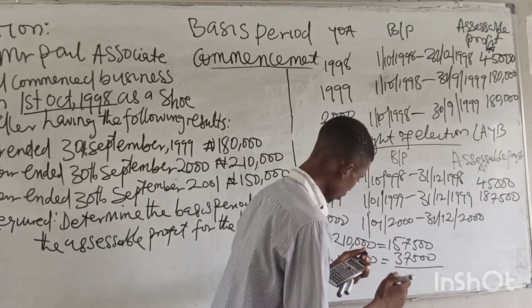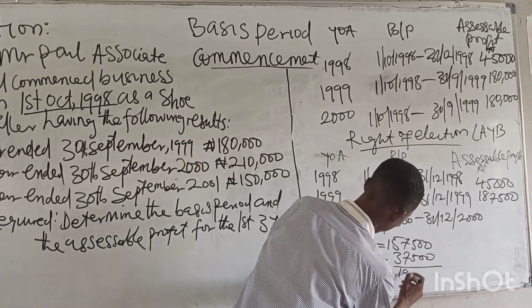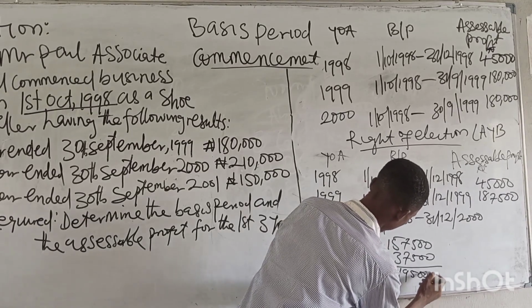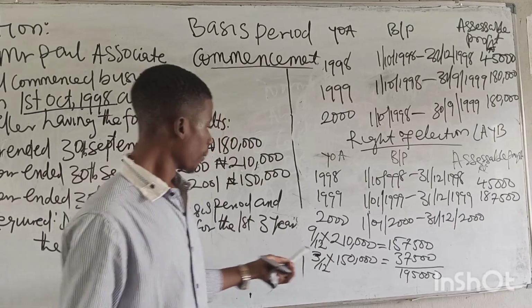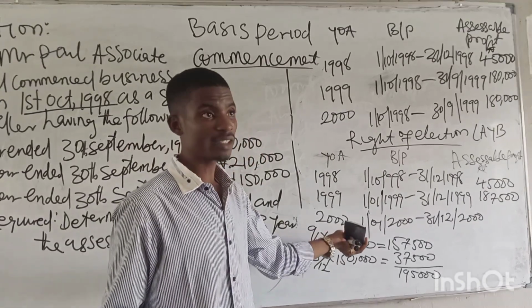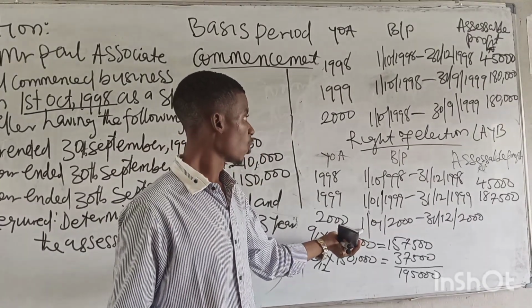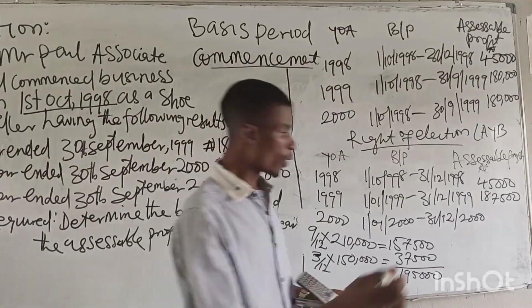We are having the total of 195,000. It means that the assessable profit for the year 2000 under actual year basis or right of election will be 195,000.